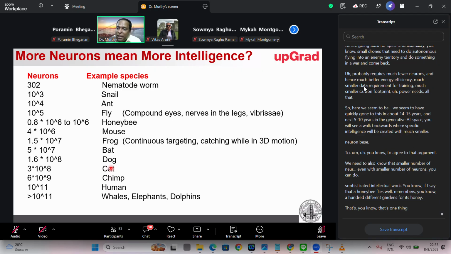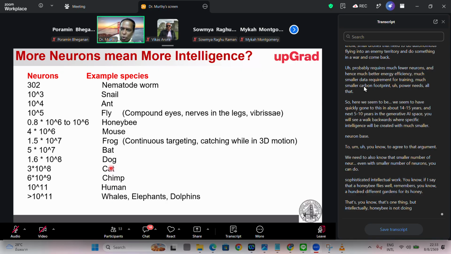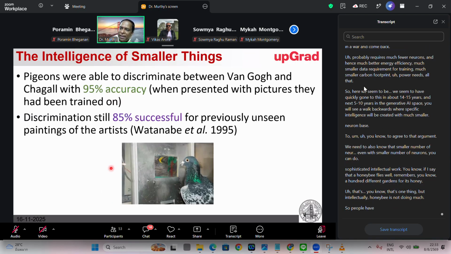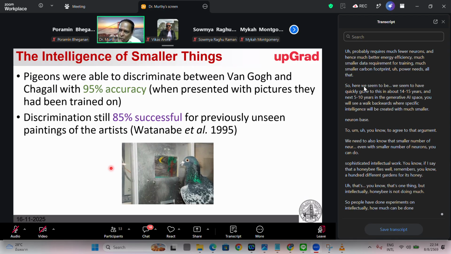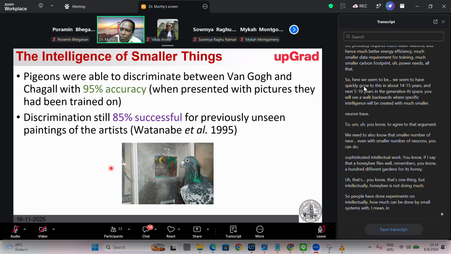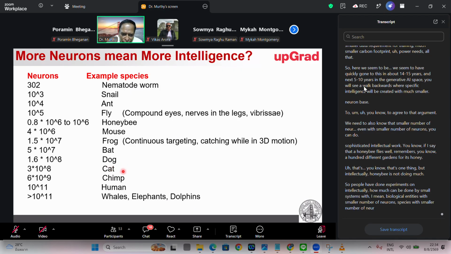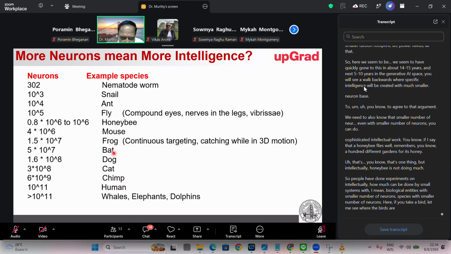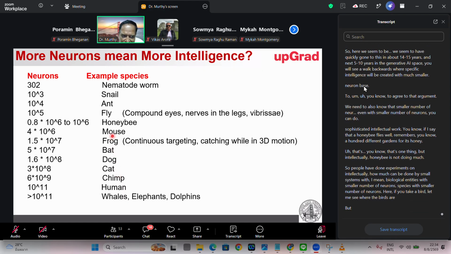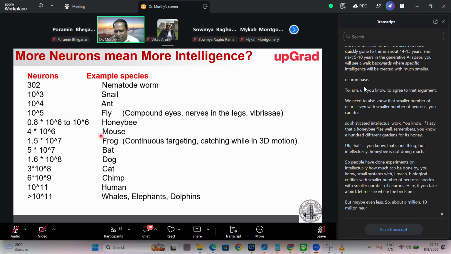But intellectually, honeybee is not doing much. So people have done experiments on intellectually how much can be done by biological entities with smaller number of neurons. Here, if you take a bird, let me see where the birds are, bat, maybe even less. So about 1 million, 10 million neuron type, that kind of complexity.